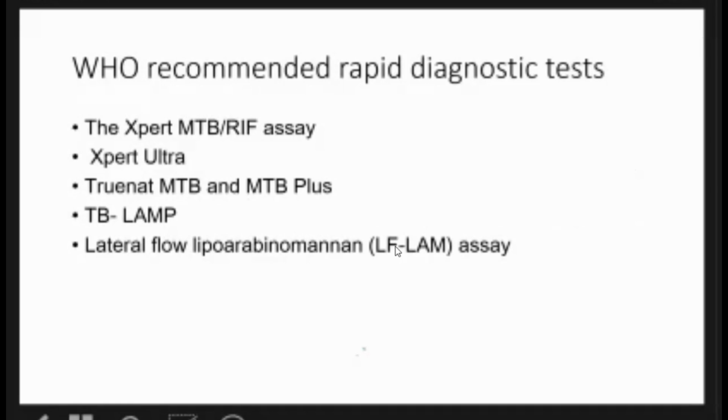So this is Xpert MTB/RIF or Xpert Ultra or TrueNat assay, which these three are available in Sri Lanka, and the TB LAM test, the LF-LAM assay. The last one is actually the antigen assay. It is the only available antigen assay to diagnose TB. All the others are molecular genetic assessments of TB.